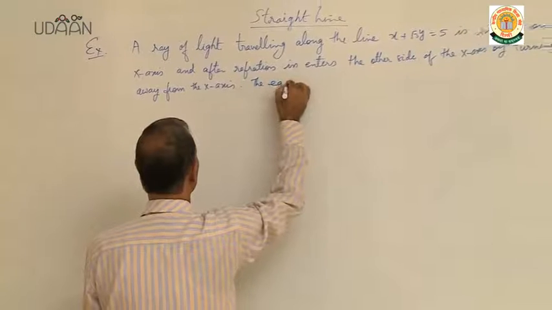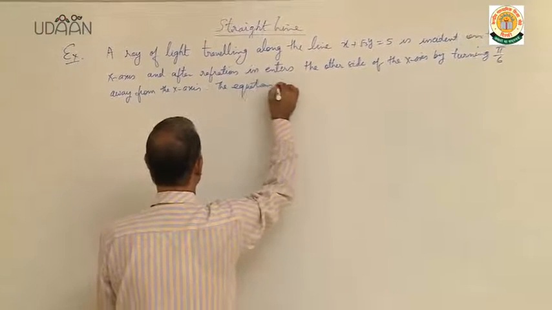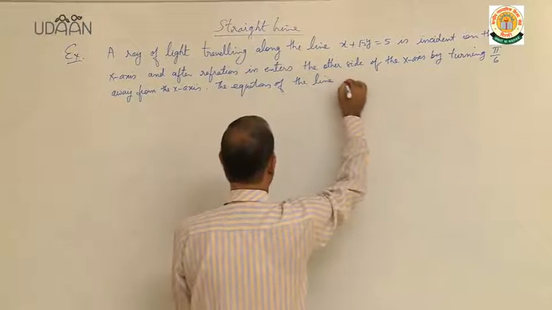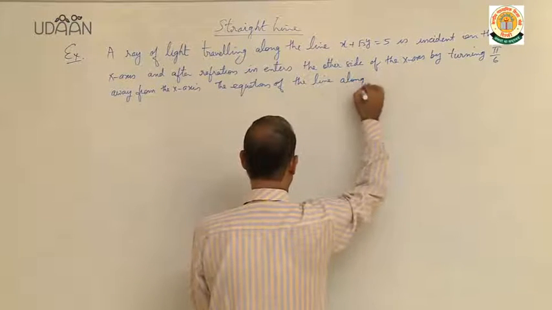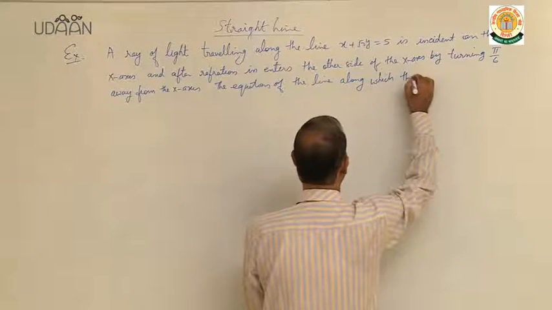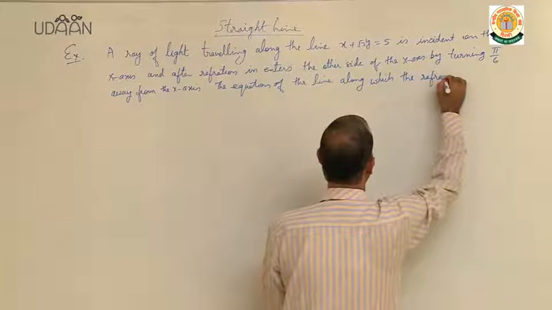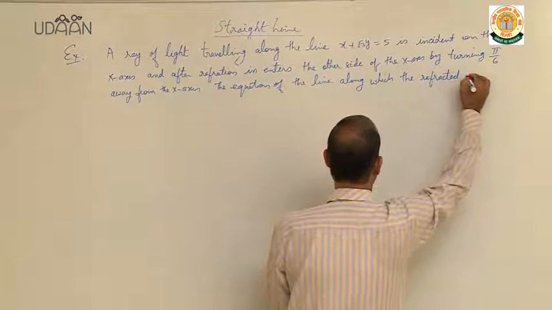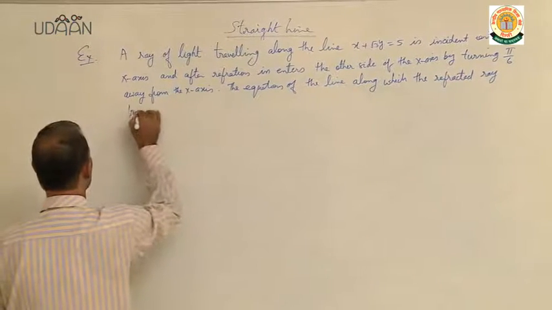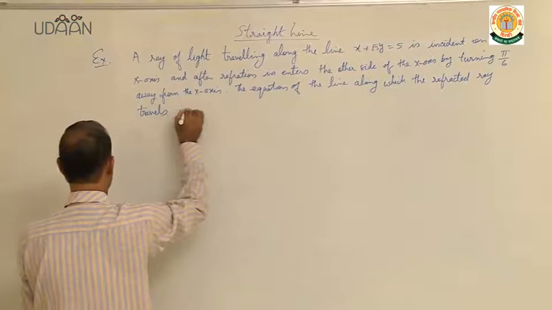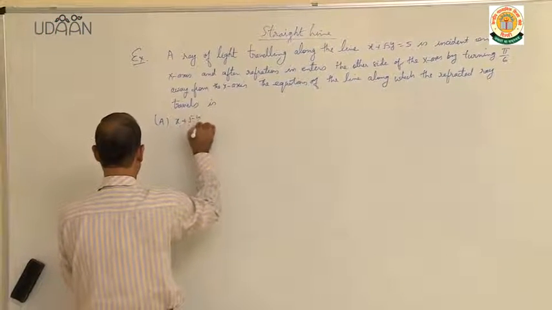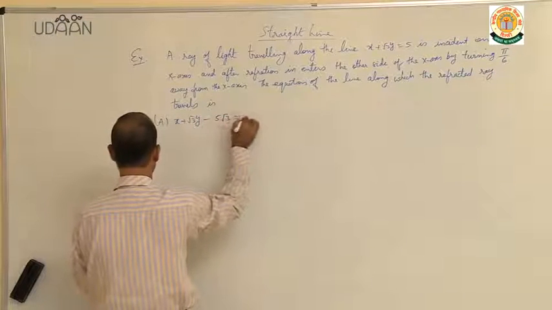The equation of the line along which the refracted ray travels is, options are given here: x plus root 3y minus 5 root 3 equal to 0.